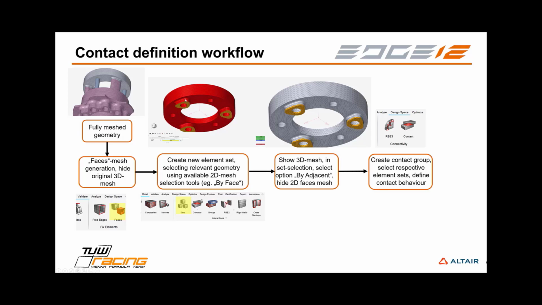The reason for that is that we can then select the elements that we want in the 2D mesh. Then we show the 3D mesh, and again select our elements by adjacent. This will select the adjacent 3D elements from the selected 2D elements. And then we can create the contact group, select the respective element sets, and define a contact behavior.